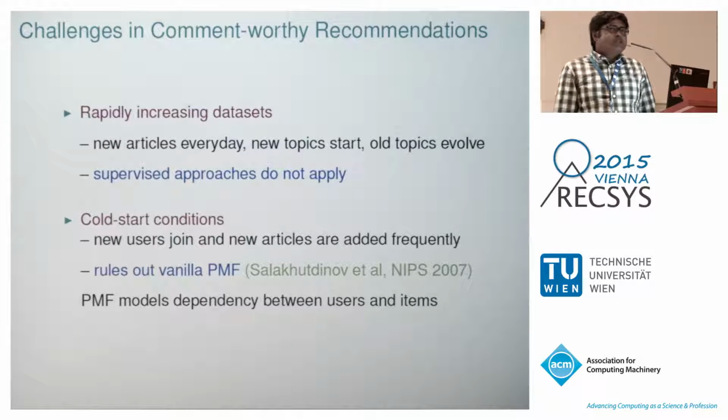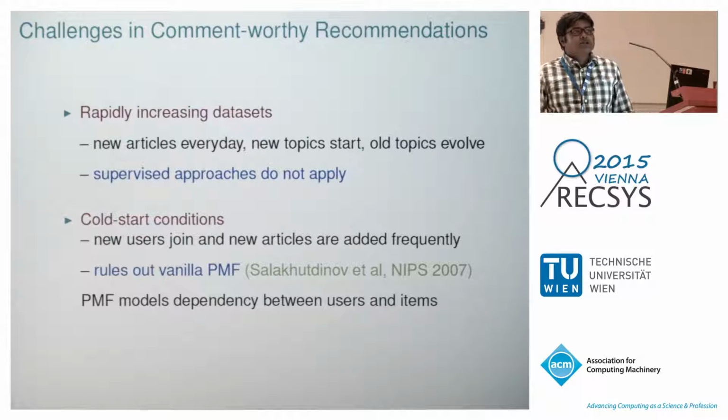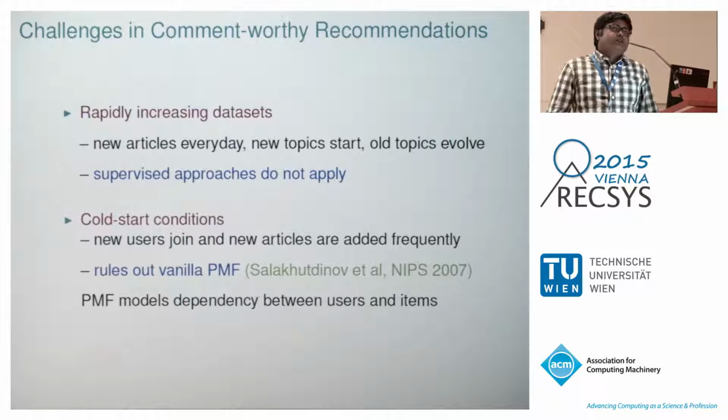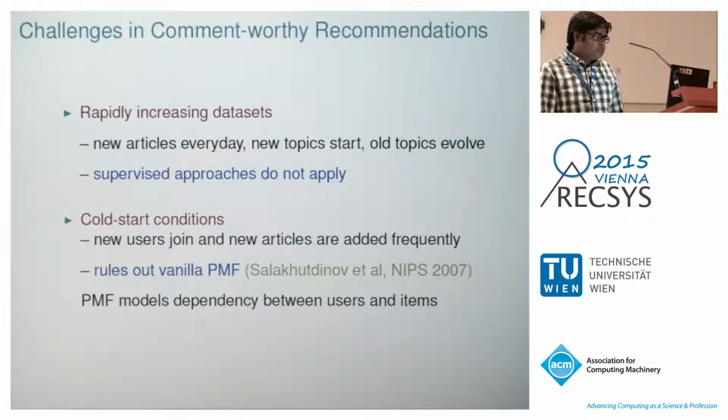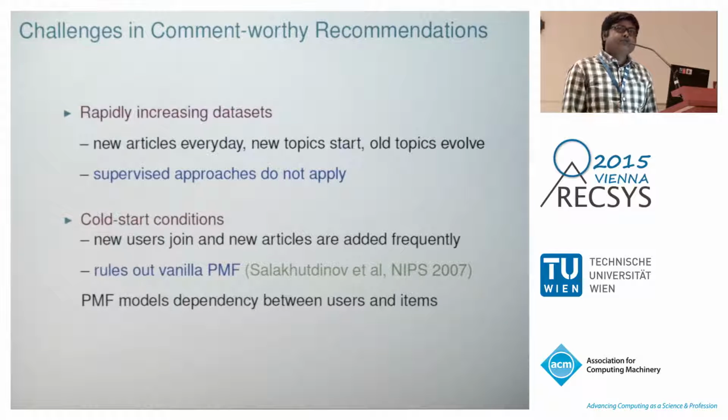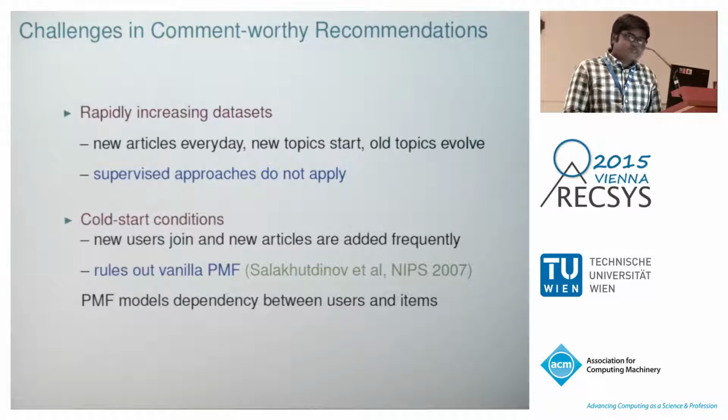But the challenge of this problem is that one of the simplest approaches using machine learning would be to use some labeled data saying this user is interested in this kind of news article. But the dataset is ever-increasing, different topics come up all the time, and new users can join. So it is not feasible to use labeled data; we need unsupervised approaches.